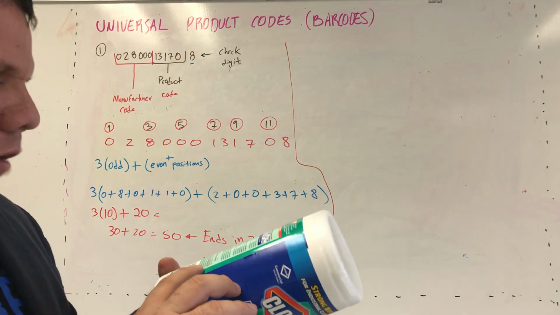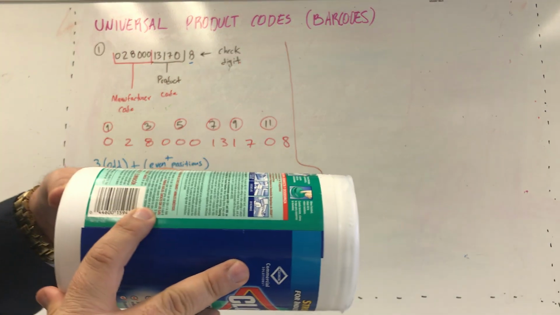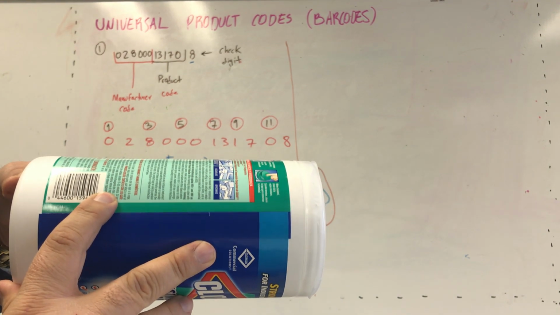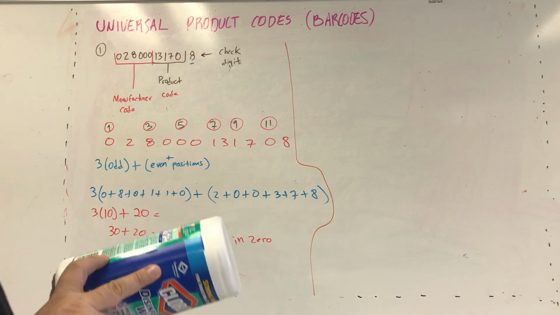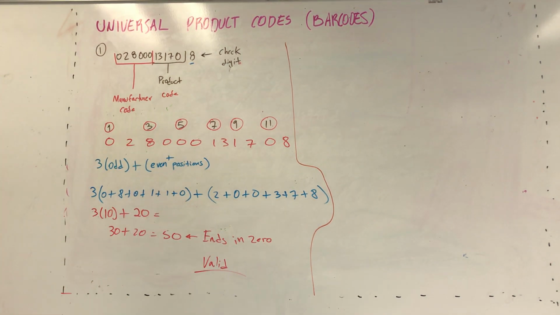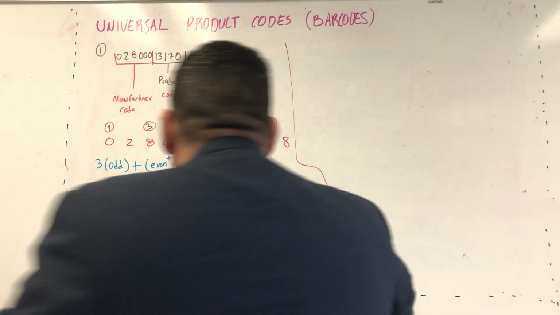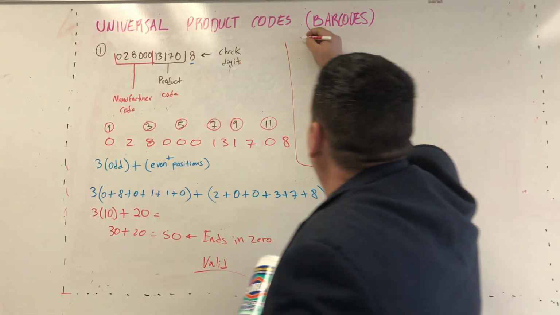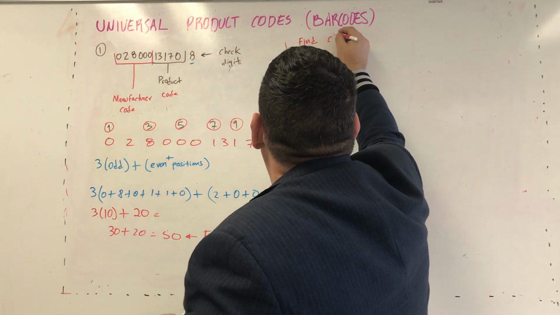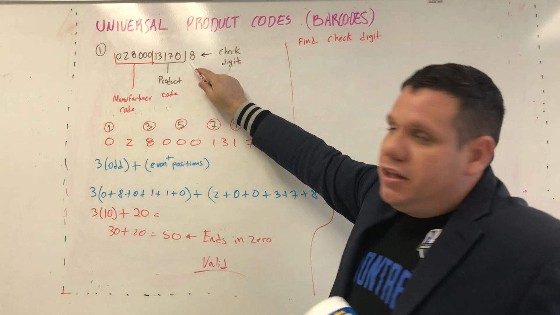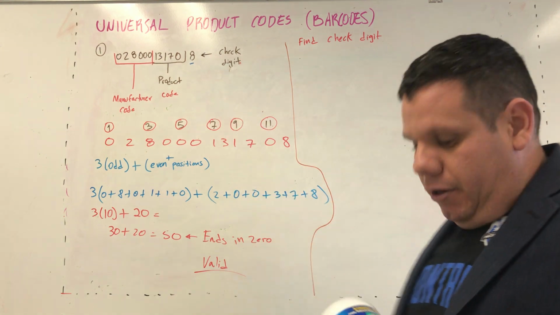I will cover the last digit, so you can see that I have 0, 44, 600, 15, 9, 4, 9, and I am not sharing the last digit because we're going to find out what it is. This is just to check validity. Now let's find the check digit. As you can see, the check digit is the last digit here.